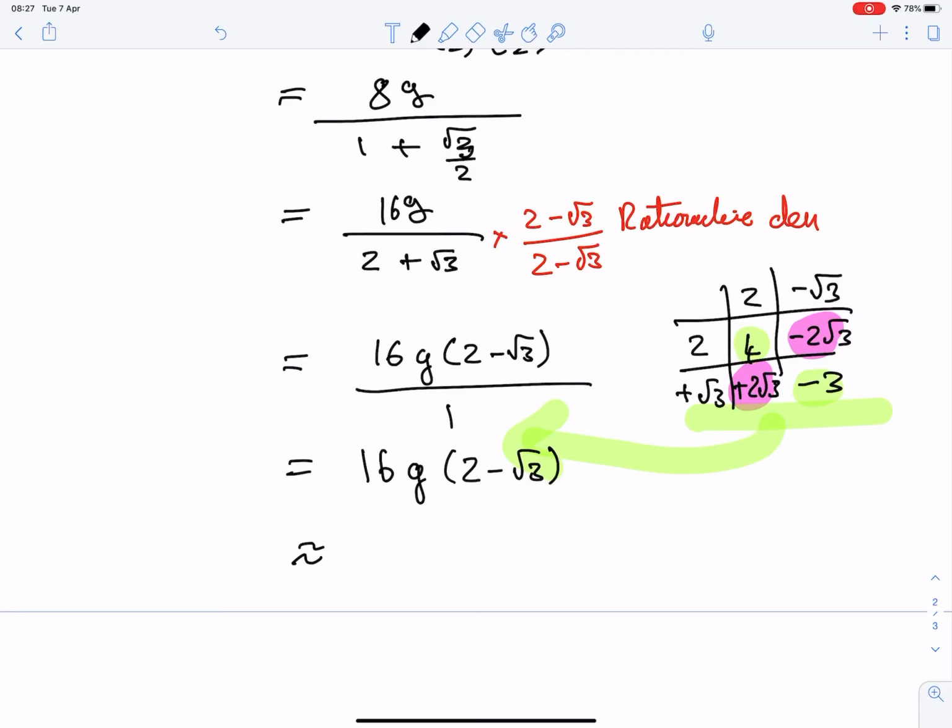Yeah, around 40. Tap it in the calculator and we get 42 newtons approximately. Okay, hope that helps. I'll be going through example 6 shortly.